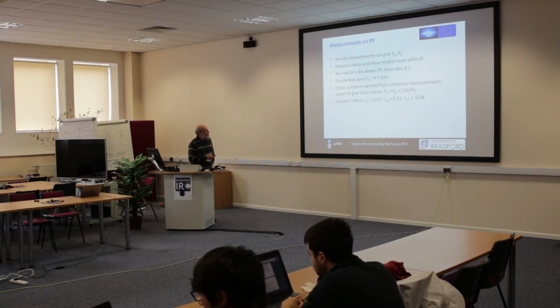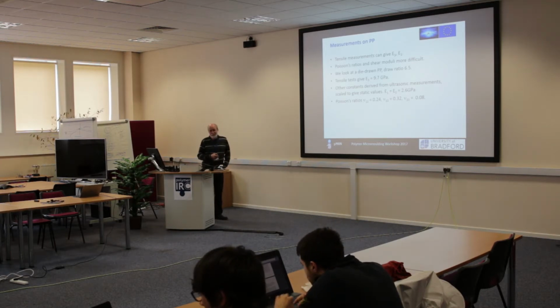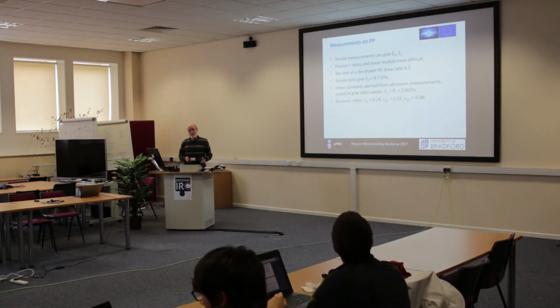And for the other measurements, we based it on an ultrasonic method, which we didn't do ourselves, but our friends at Leeds University, Peter Hine, he has a method of firing a beam of ultrasonic sound into a solid while rotating it, and then you end up with a set of elastic constants, which you don't quite believe because it's a much higher strain rate than we measure in static tests, but we can scale them down to meet our static speed, because at least we can measure the modulus directly.